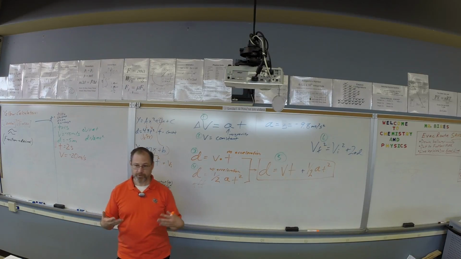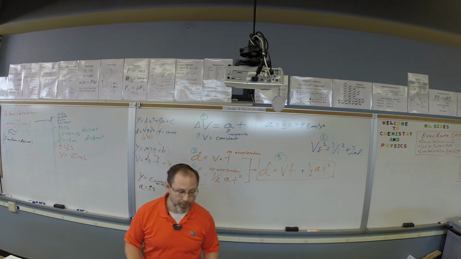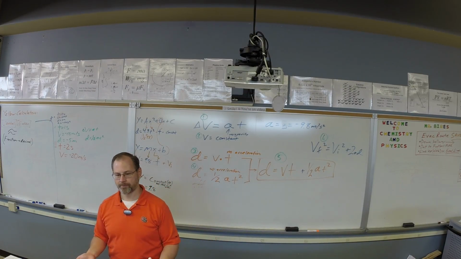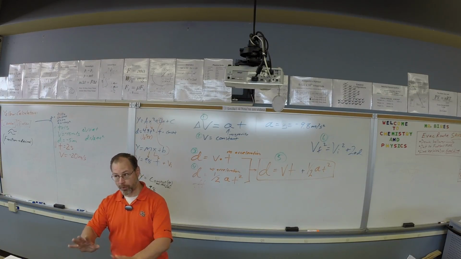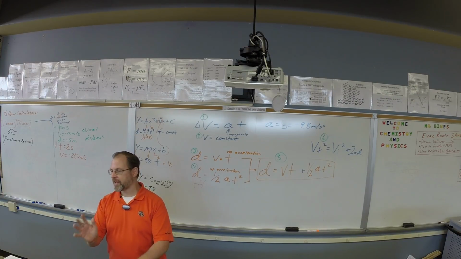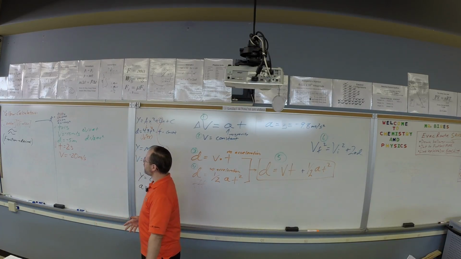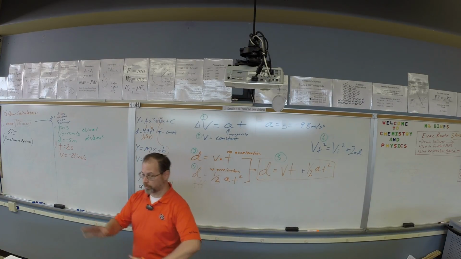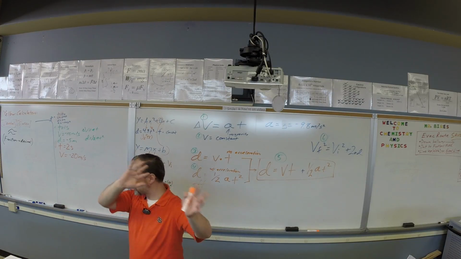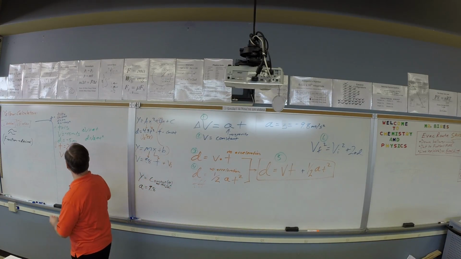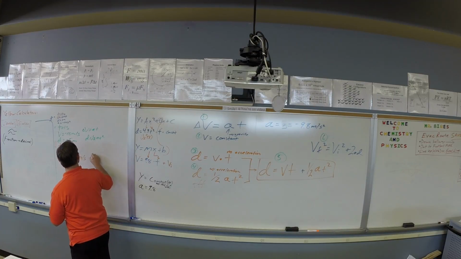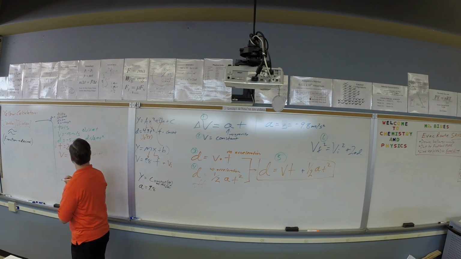After 3 seconds, we would expect it to be traveling how fast? -30. After 4 seconds, how fast? -40. Ignoring air resistance. Air resistance kicks in at about -10, -15 for most objects. So ignoring air resistance, which we will ignore until we do parabolas, projectiles, after 2 seconds, our formula is still delta v equals at.